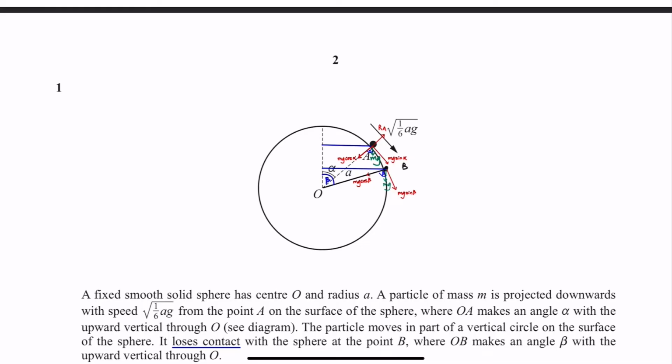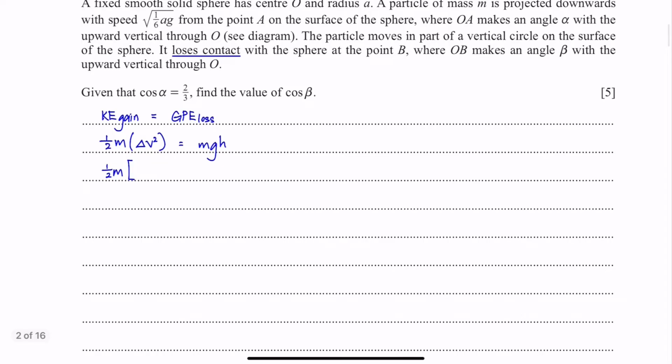But we know that it moves downwards, which means this speed would be higher than the initial one. So we use the speed at B, which is vb squared, minus the speed at A, which is the square of root 1 over 6 ag.